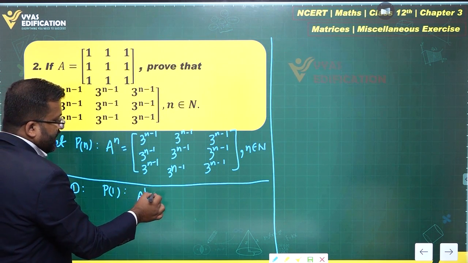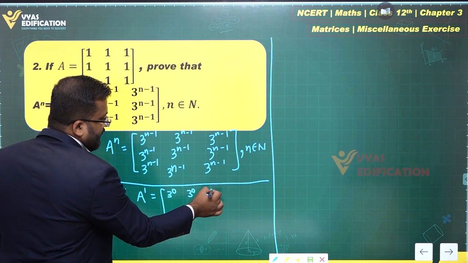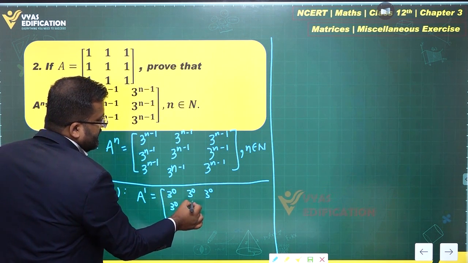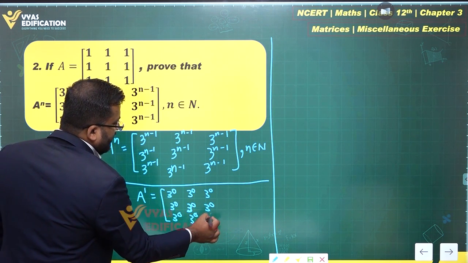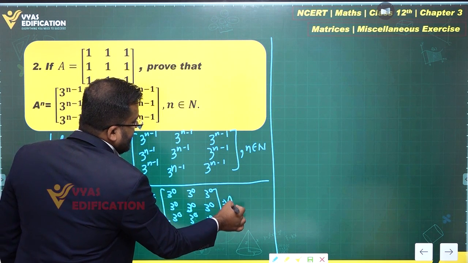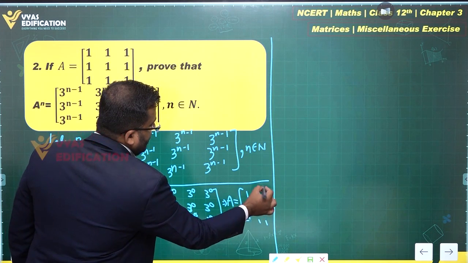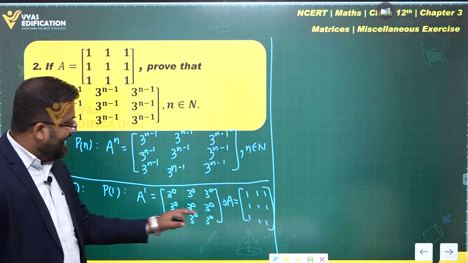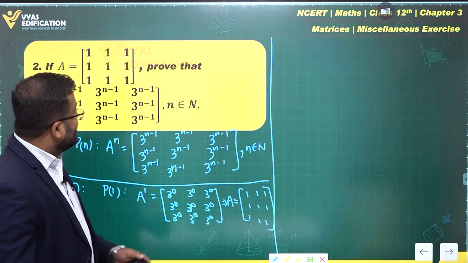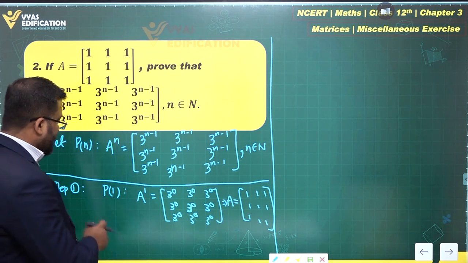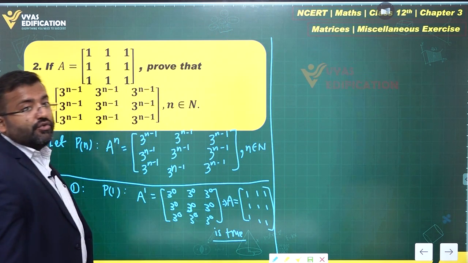P(1) says A power 1 is equal to the matrix with every entry 3 power 0, which implies A is equal to the matrix of all 1s. Can you observe that? This A power 1 is A and 3 power 0 is 1, right? So A equals this, and is this statement true? Yes, this is true. Step 1 says P(1) is true.